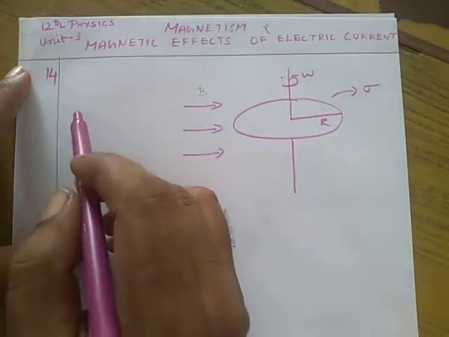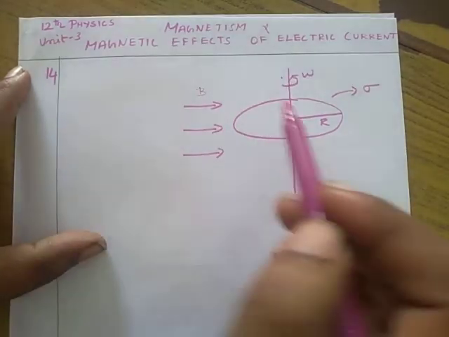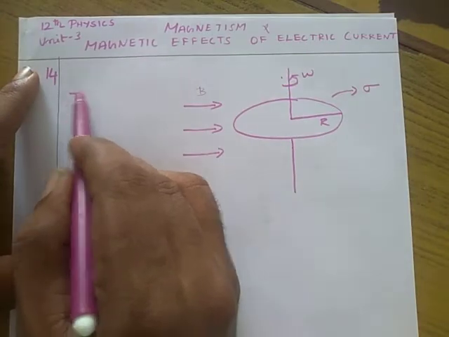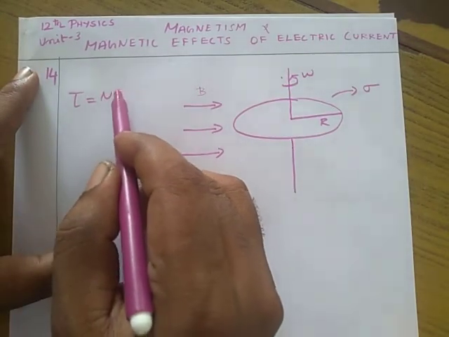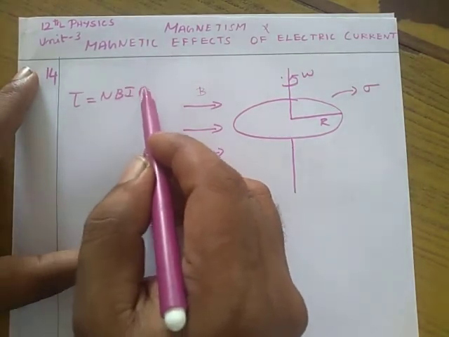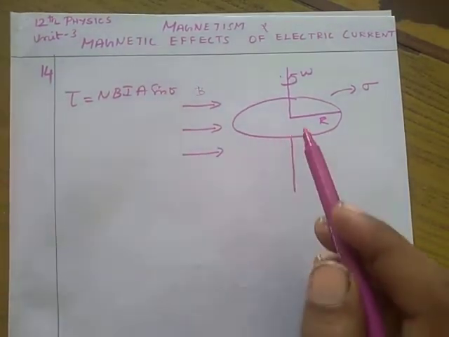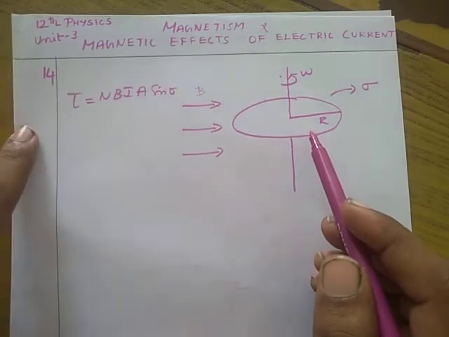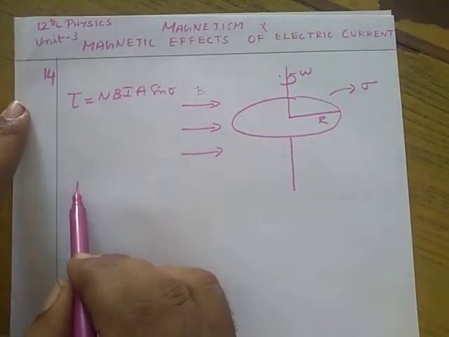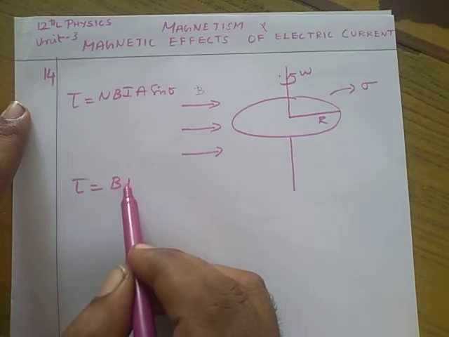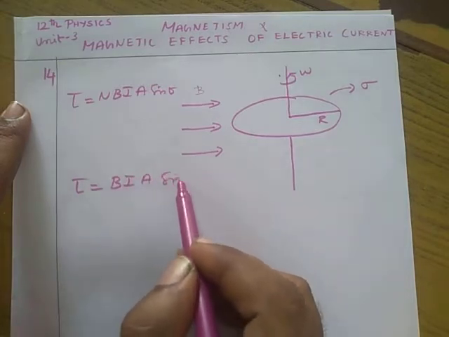We know when a current loop is placed in a magnetic field, we get a torque tau equal to N B I A sin theta. Here N is the number of turns. Here there are no turns, so neglect the N. Then the relation becomes tau equals B I A sin theta.